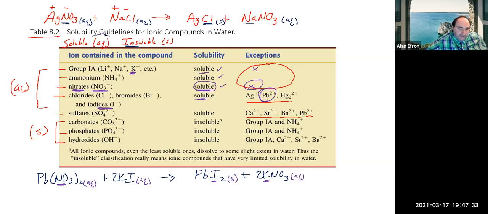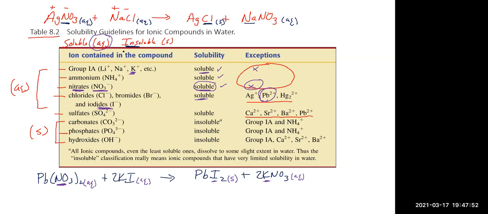It's going to always be this, because there's no exceptions. They're always going to be soluble because of that. So that's why the lead with the nitrate's good, because nitrate's soluble. But when the lead hooks up with the iodine on the other side, it becomes something that is insoluble, a yellow type solid that actually forms. Okay, thank you. You're welcome.